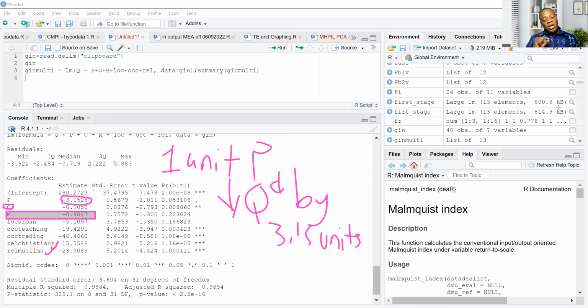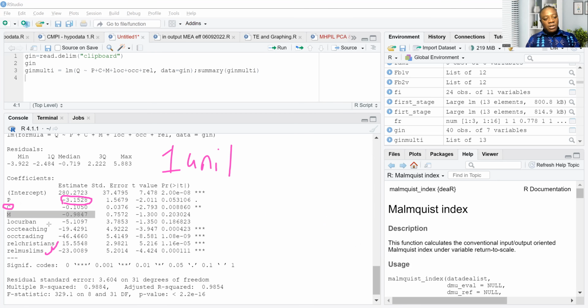So he said on average, given the price and complement price of gin. So you see, this time he included price because he's not interpreting price. Then he went on to talk about what? Location of the shop. He jumped income because income is what we are interpreting.